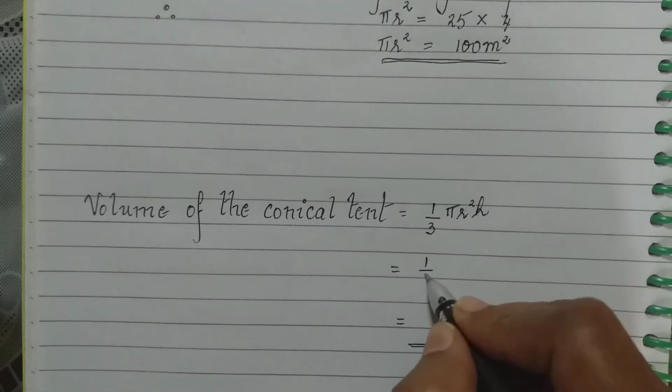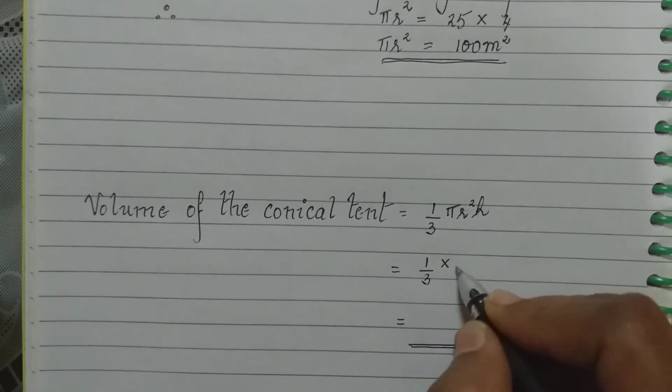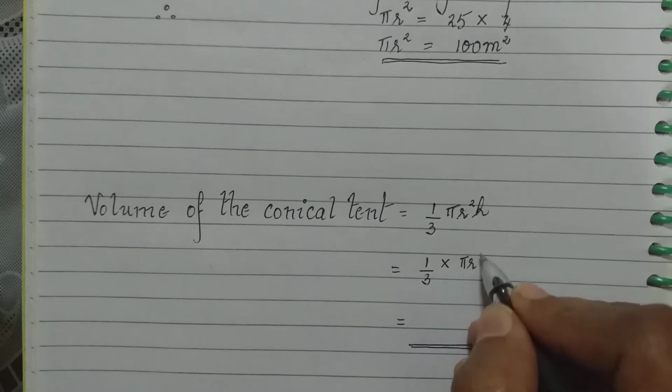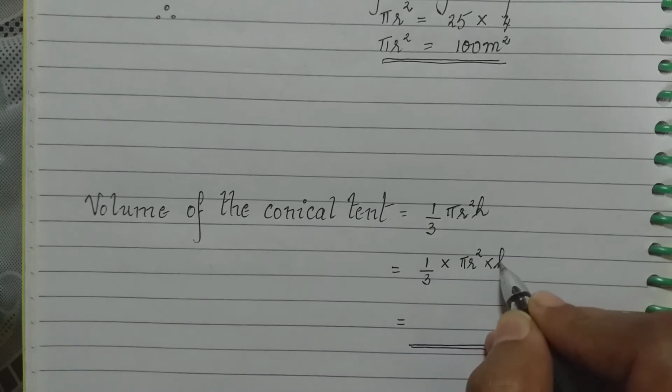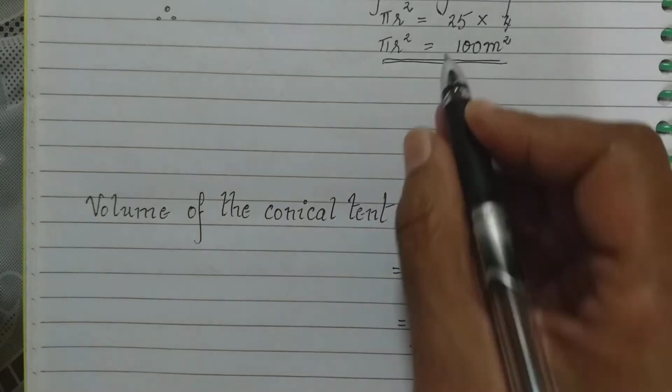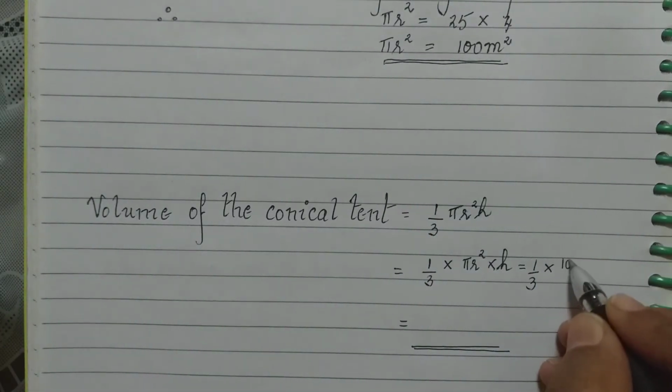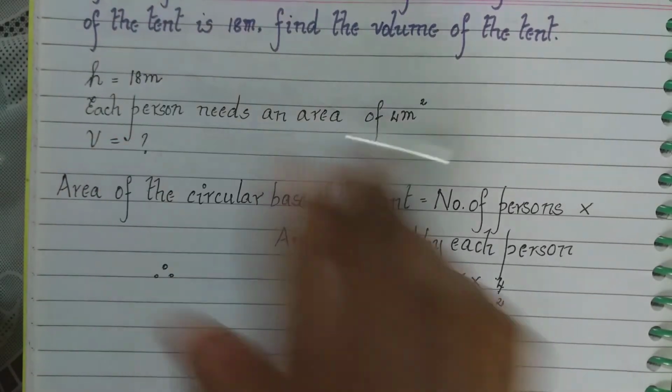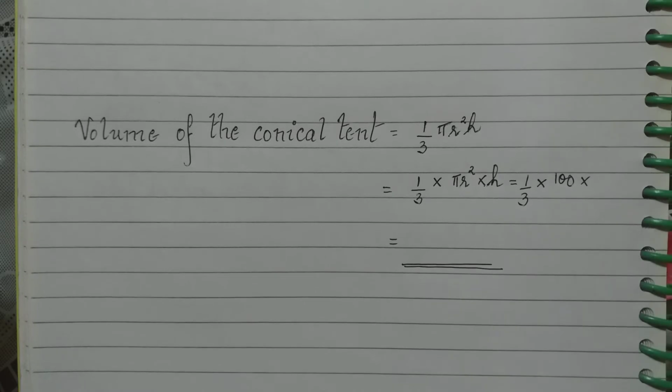So this is 1 upon 3 into pi r square into h, which is 1 upon 3 into pi r square is 100, and h they had given us is 18. So we write here 18.